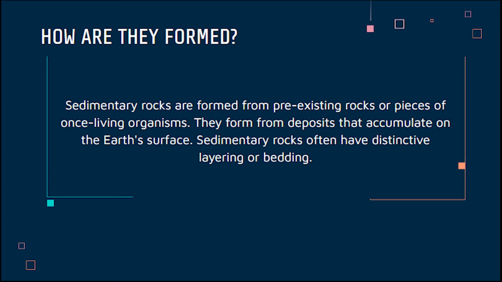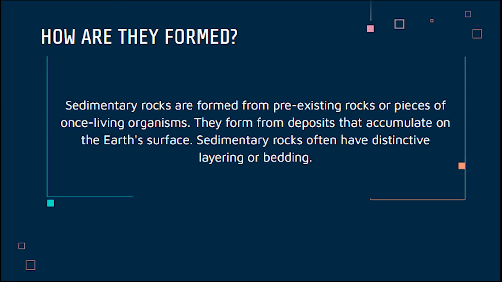In addition to accumulation of minerals, there is also accumulation of other types of rocks and also once living organisms, so the fossils of living organisms. So we can expect to see fossils and probably teeth or something to suggest that there were once living organisms in this area in the rock. So it's often known as layering rock or bedding rock because there are so many different layers to it, right?